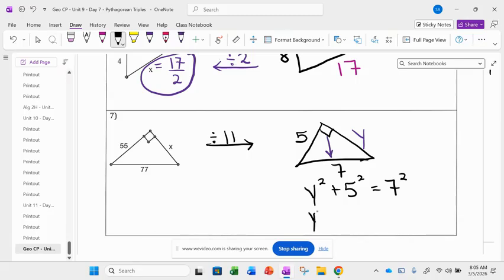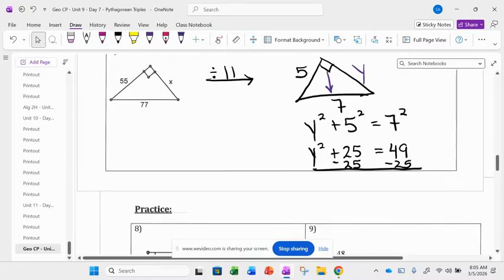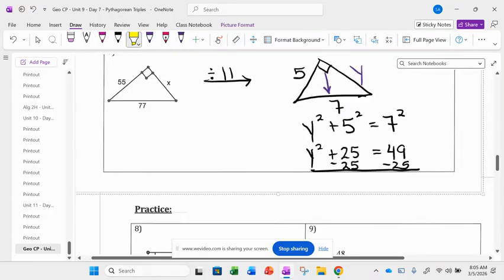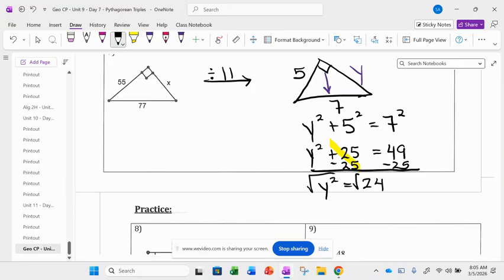All right, so now this is y squared plus 25 equals 49. I'm going to subtract the 25. So y squared is equal to 24.